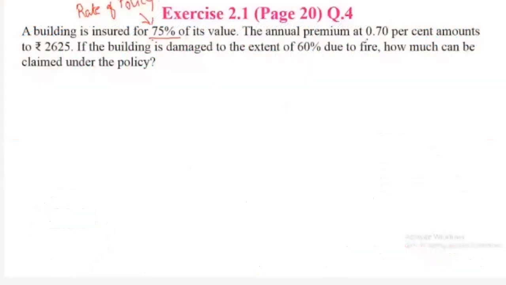The annual premium at 0.70%. Percent hai yaar. So what is this? How much is it? 0.07%? 0.70%. Percent means upon 100.